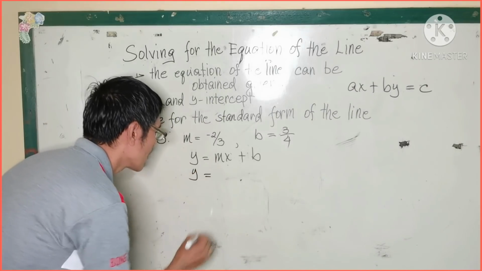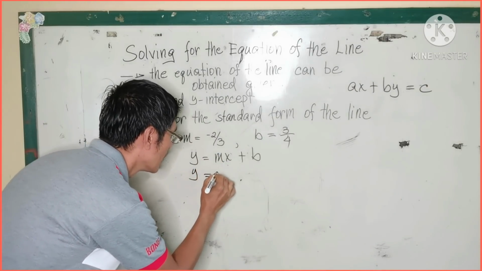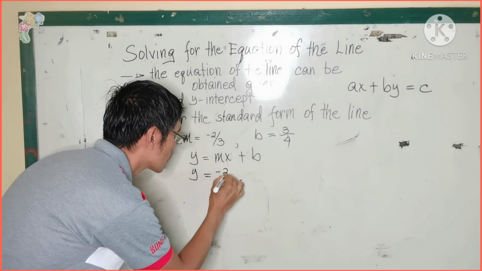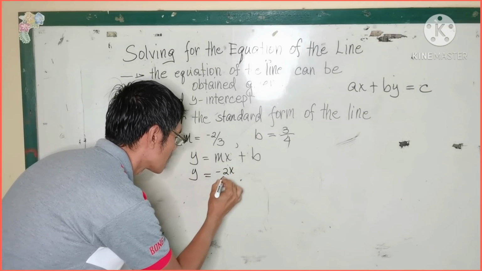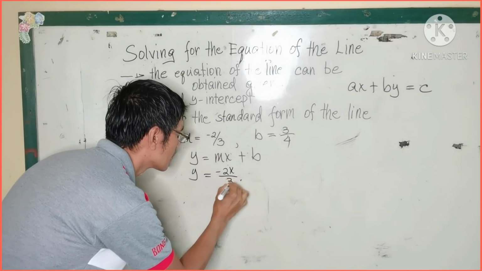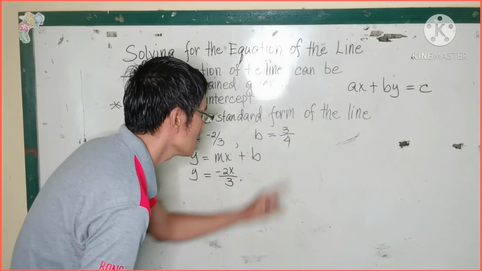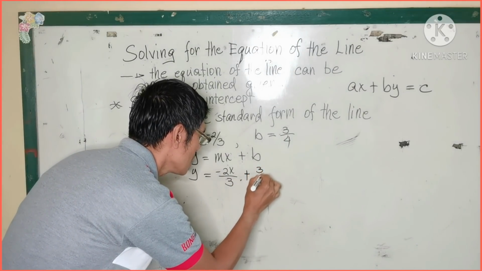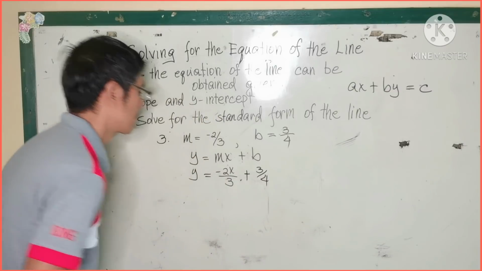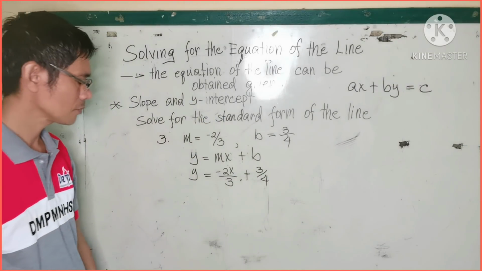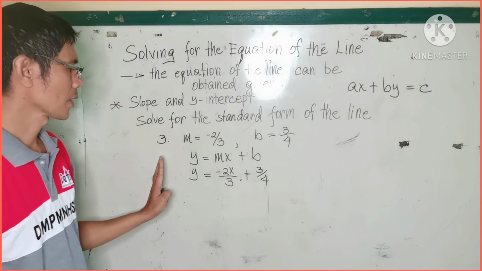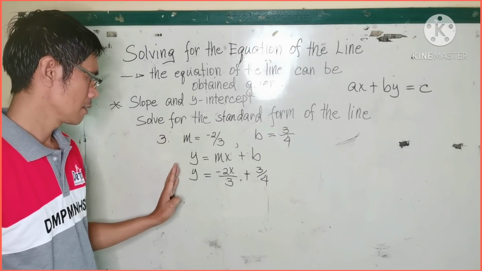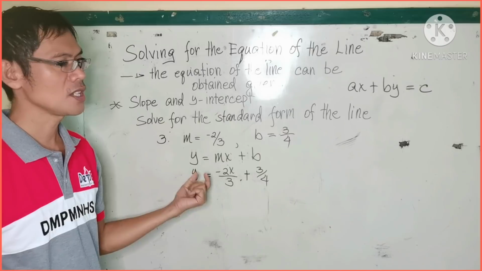So we have y is equal to negative 2x over 3 plus b, so plus 3/4.